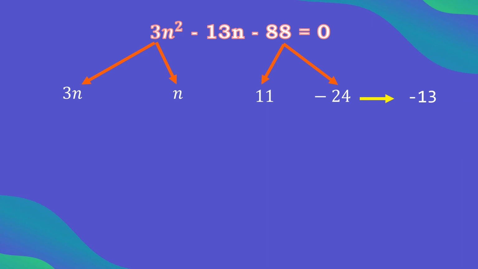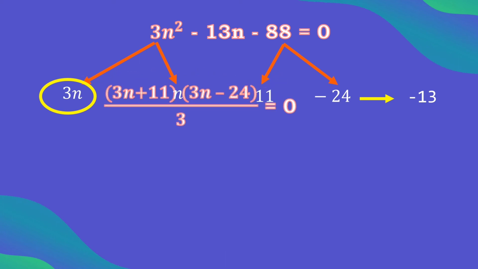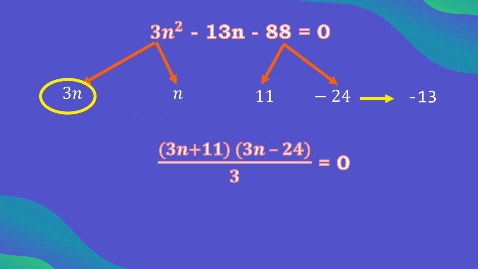I have here a technique in order for you to factor it easily. Look at the factors of the first term, 3n squared. We always choose the highest factor, which will be paired with the factors of your last term. So we will choose 3n. So the factors now will be 3n plus 11 and 3n minus 24. And then divide the factors by the numerical coefficient of your first term, which is 3.